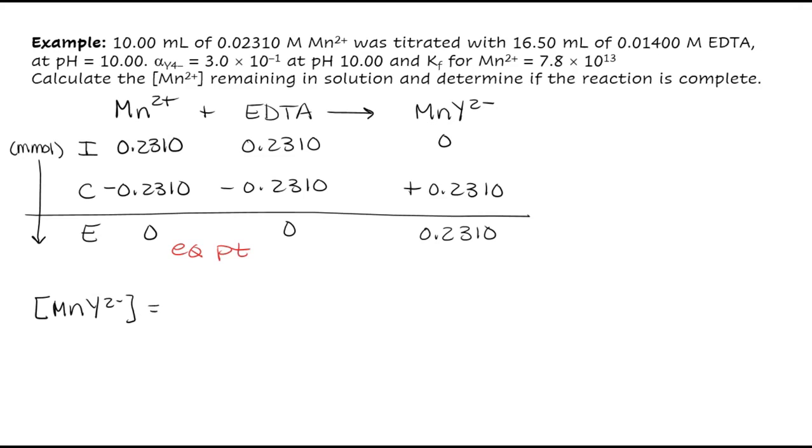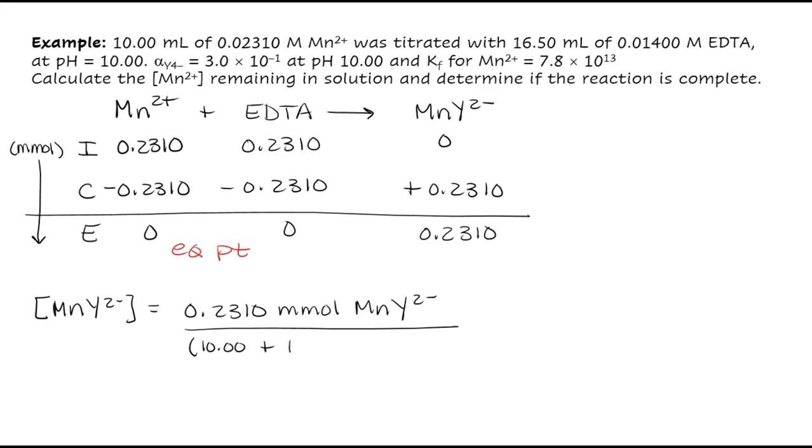We do that by taking the millimoles from the E row, 0.2310 millimoles of MnY2 minus, divided by the total volume, which is 10.00 plus 16.50 milliliters. The millis will cancel, leaving us with moles over liters, which is molarity.